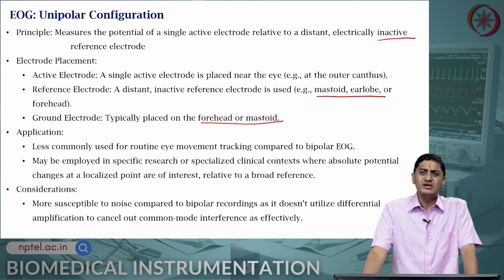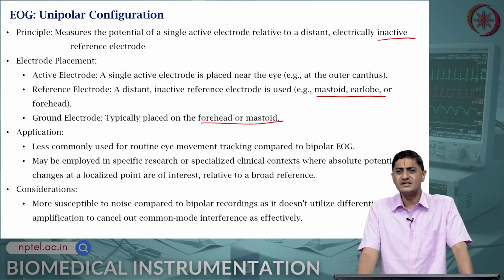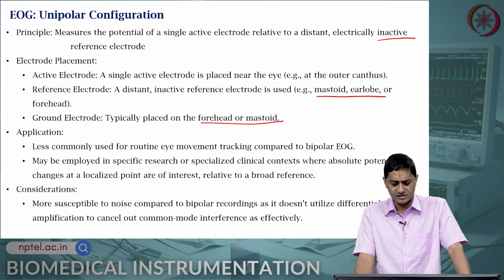This is less commonly used for routine eye movement tracking compared to bipolar EOG, but is more frequently used in specialized research contexts, where you have an interest in identifying absolute potential changes at a particular location of interest with respect to a broad reference.